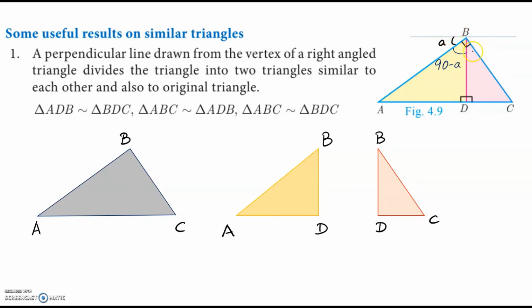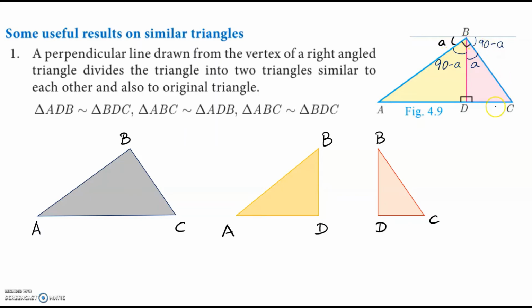And we know that ABC is 90 degrees, so this will be A again, because it's 90 minus A. And your angle here will be 90 minus A, because this is again 90 degrees.